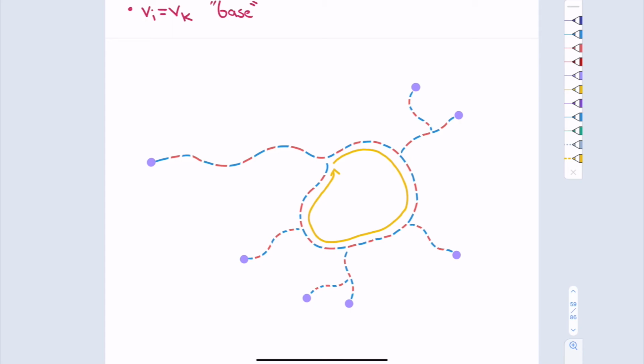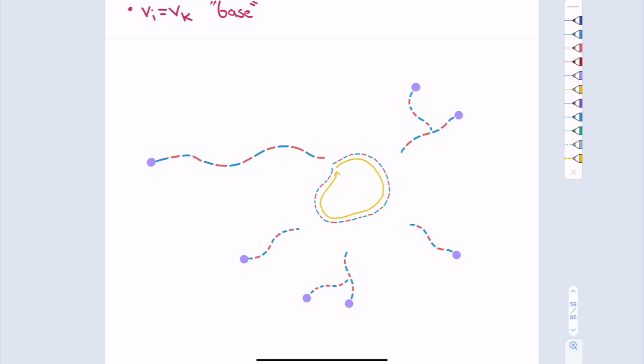Okay, so here then is the sort of incredibly bold idea by Jack Edmonds. This is 1963. He'll take this blossom, and what he did was he said, I'm going to contract this to a single vertex.